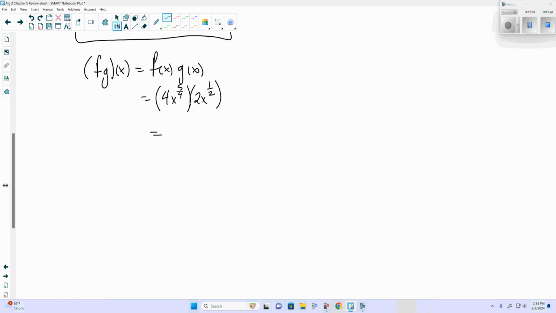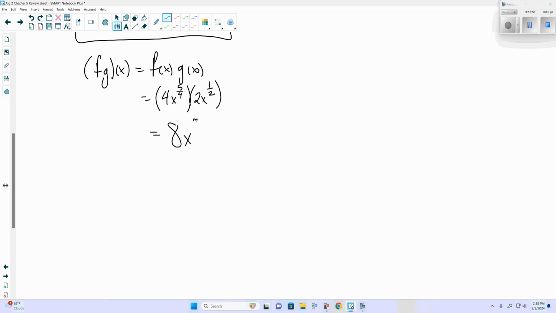We're ready to multiply. Yes? 4 times 2 is 8. X. When we multiply like bases, we add the exponents.